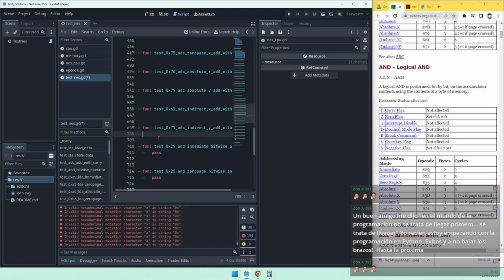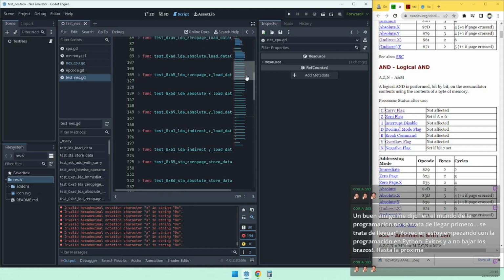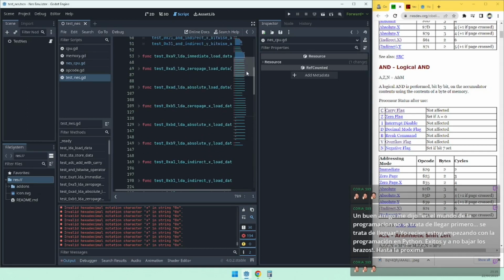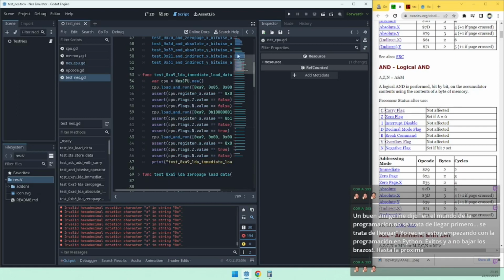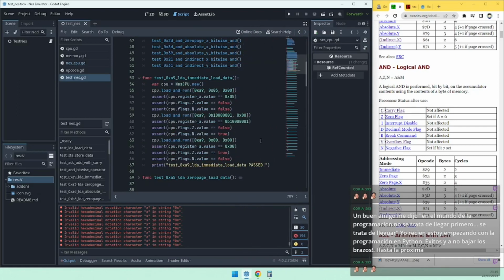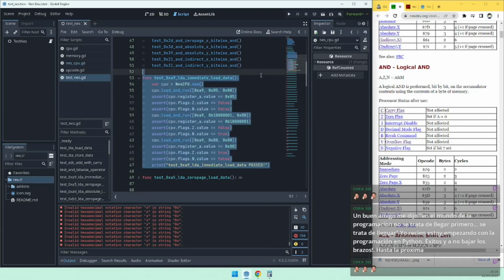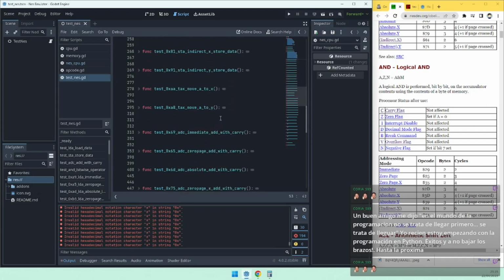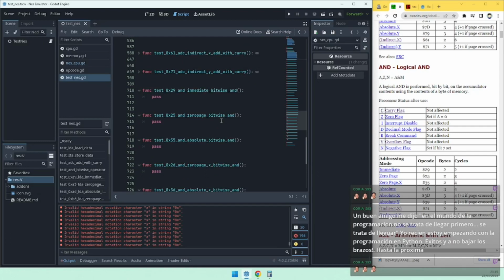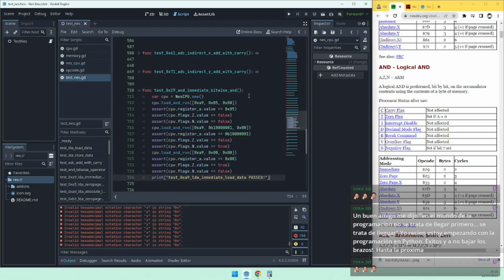Okay, compiling again. Okay, let's search for something easy to copy, let's use LDA. Let's copy this LDA immediate. And start with the AND operation.